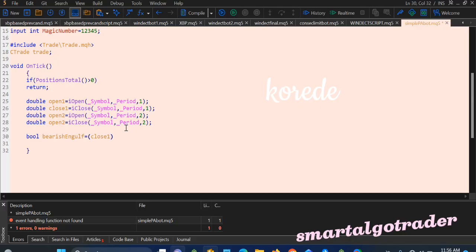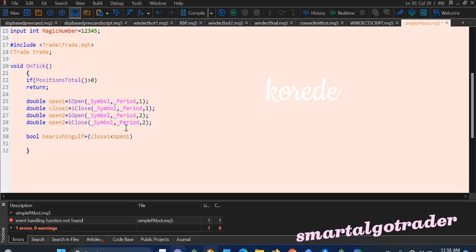Now what if the close is lesser than open? Do you understand? If the close is lesser than the open, that is what you use to define it.